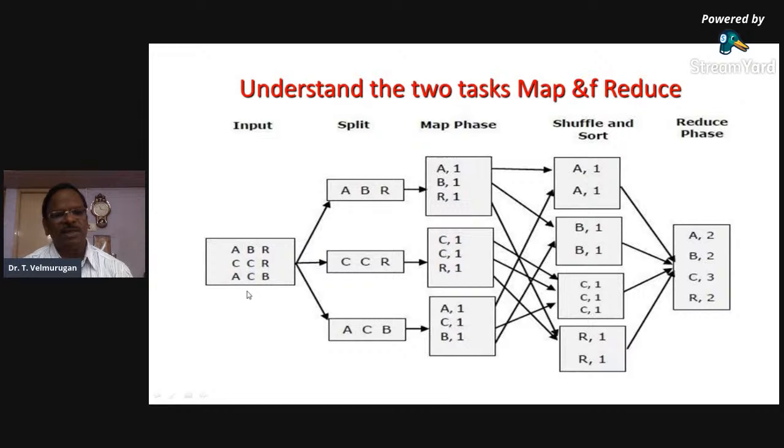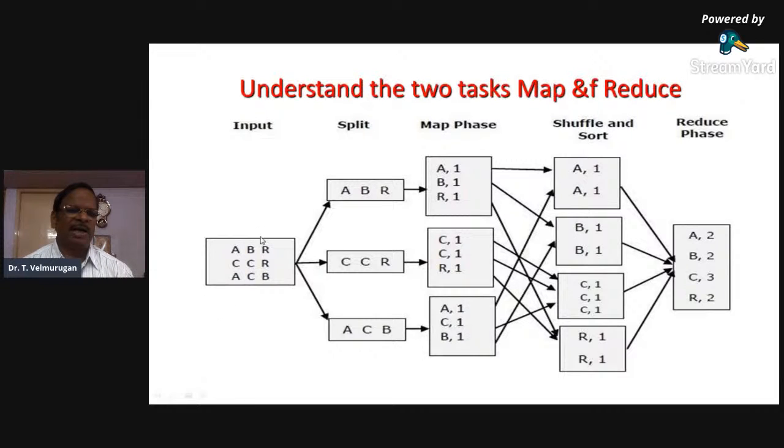Suppose it is 10 million characters, is it possible to easily find out by means of manual identification? It's not possible. 10 million characters are available means, which is not easy to identify individually how many times the letter A appears, how many times the letter B appears, how many times the letter C appears, and go like that. For that purpose, this method is totally utilized for the analysis of large volumes of data.